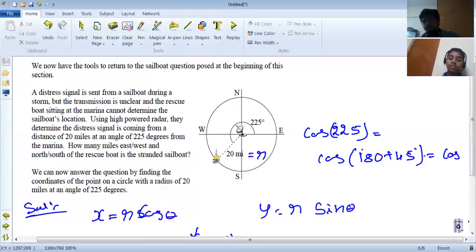So cosine of 45 degrees. Now tell me the sign, plus or minus? Minus. Why? Because it's in the third quadrant. In the third quadrant, cos is negative.